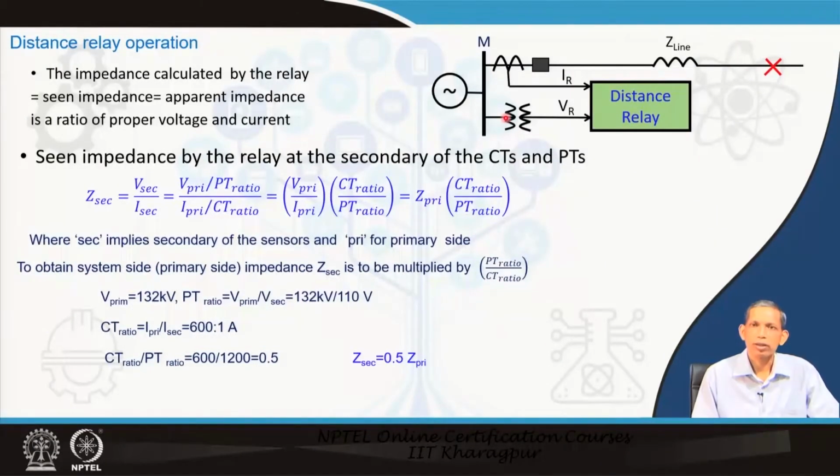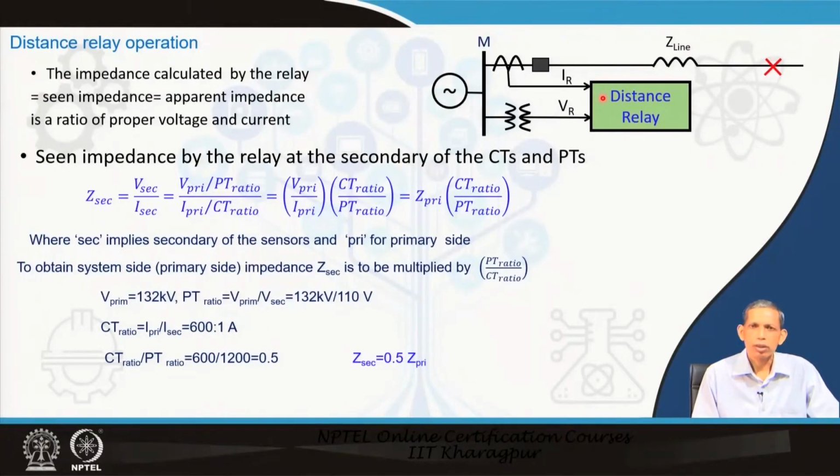So, the relay is to make a decision on the protection. The impedance calculated by the relay is also called the seen impedance or apparent impedance. So, we put two terms here: the seen impedance by the distance relay, or the apparent impedance, is the impedance calculated by the relay to decide whether the fault is within the reach or beyond the reach.